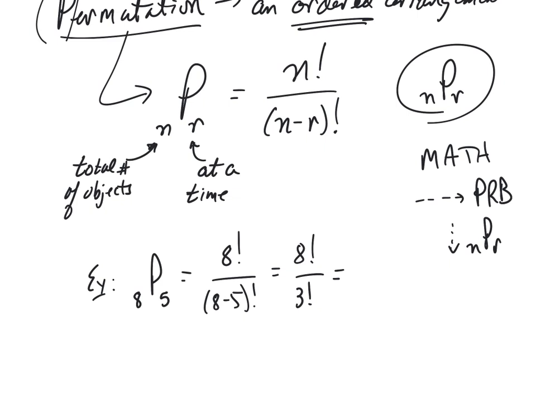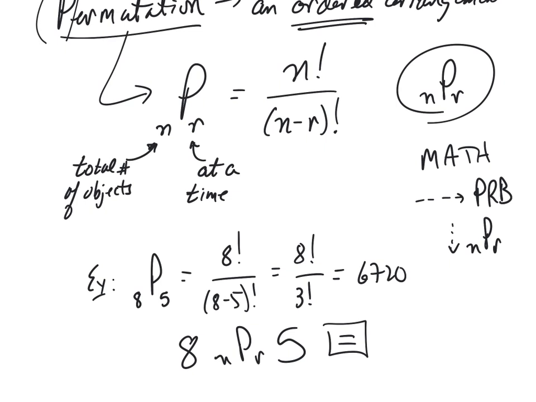And then 8 factorial divided by 3 factorial should give us 6,720. Now, if you want to try the calculator method, what you'd have to do is enter 8 into a basic calculating window, then find the nPr key under your math menu, and once you hit nPr, it'll come back to the calculating screen and you have to put in 5, and then you'll just find the button on your calculator for equals or enter, and it should spit out 6,720.